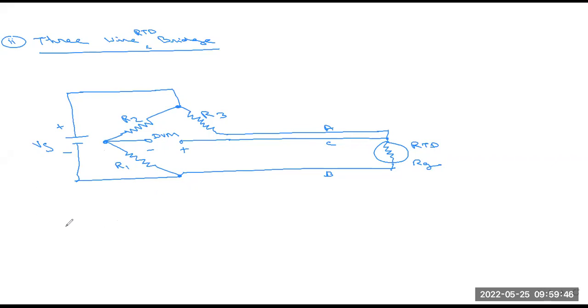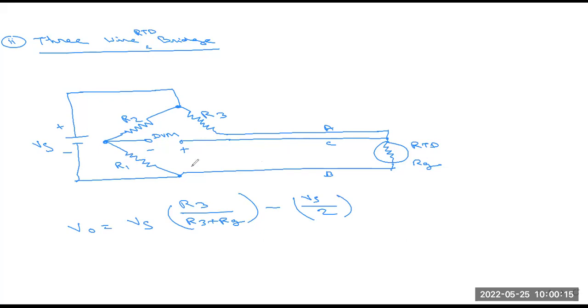We express the output as V output equal to source voltage Vs times R3 by R3 plus Rg, minus Vs by V. So this is the output of the three-wire RTD bridge circuit.